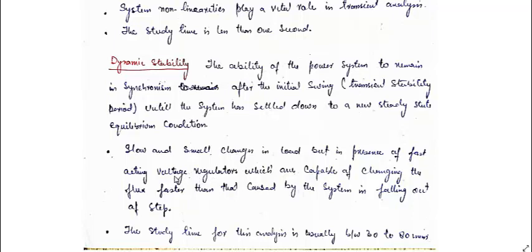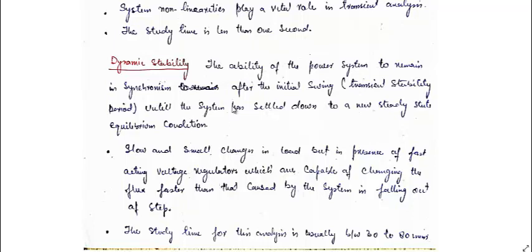But the change by this fast acting voltage regulator should be fast, to track the change in the voltage of the system. Because if the voltage of the system changes fast as compared to the voltage regulation, the voltage will not come to the actual value, and this may also result in the loss of synchronism.